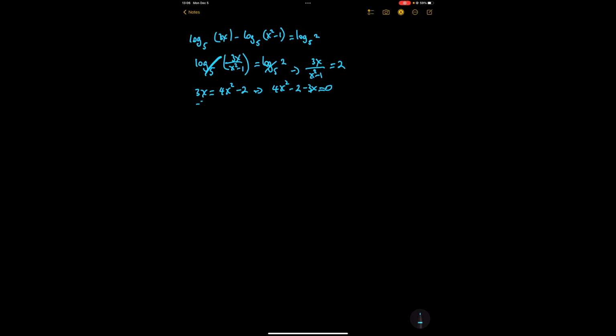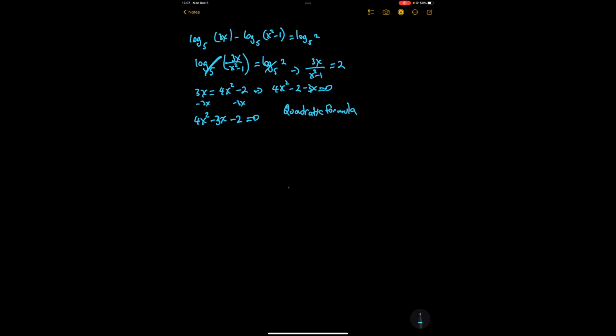I just subtracted the 3x on both sides. Alright? So now I can rewrite this as 4x squared minus 3x minus 2 equals 0. And I'm going to do the quadratic formula.